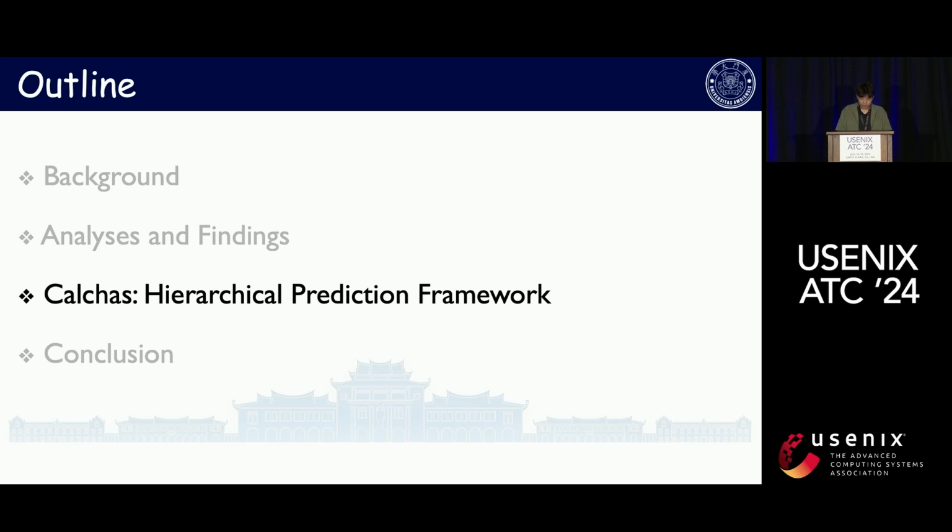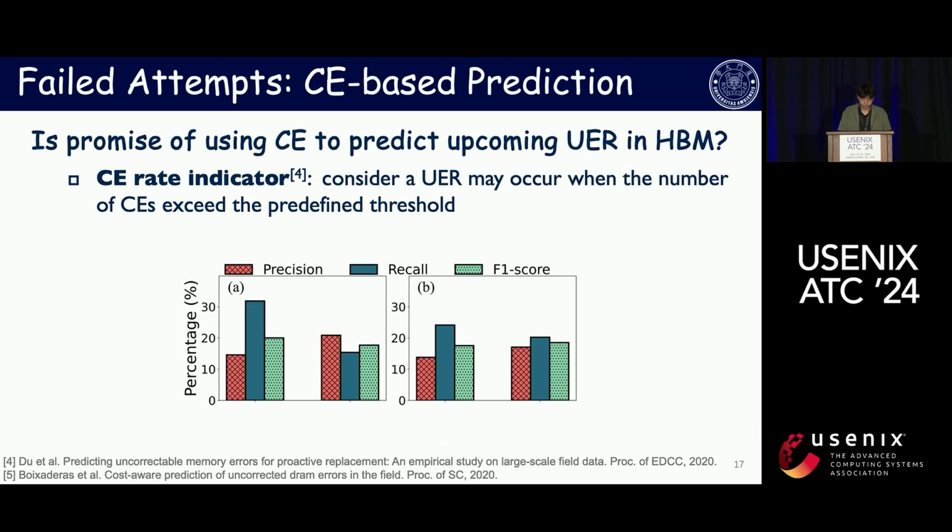Based on the above analysis, we propose Calchas, a hierarchical prediction framework to predict the upcoming UEs in HBM memory. We attempt to use prediction methods traditionally applied in DRAM to predict potential UEs in HBM. We consider two classical methods.